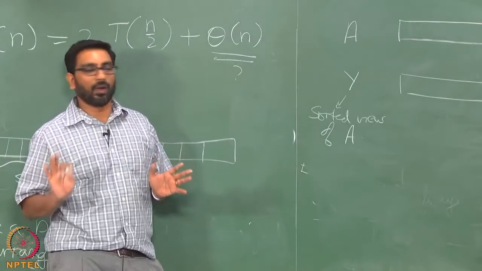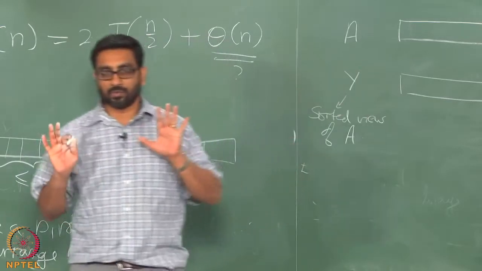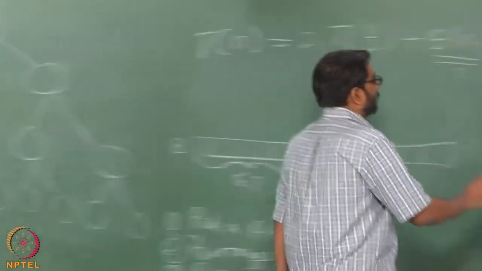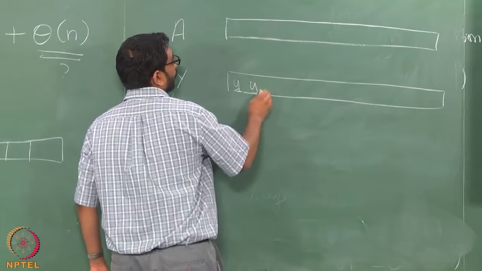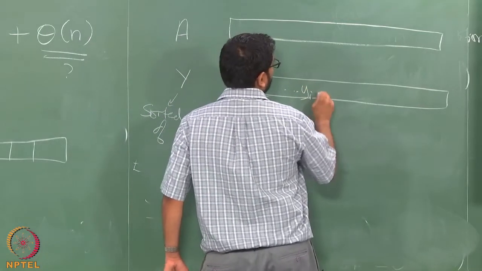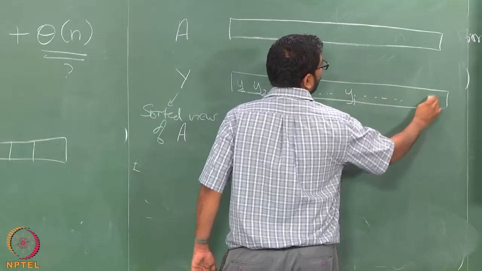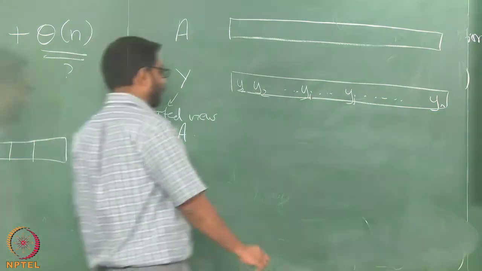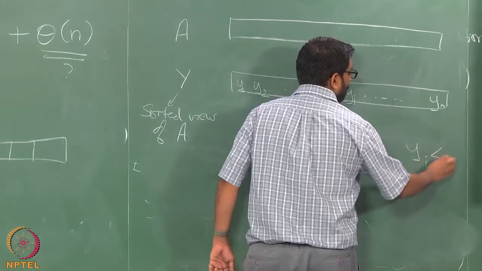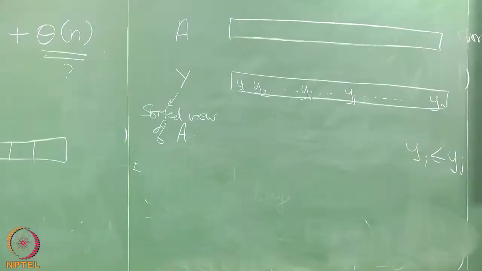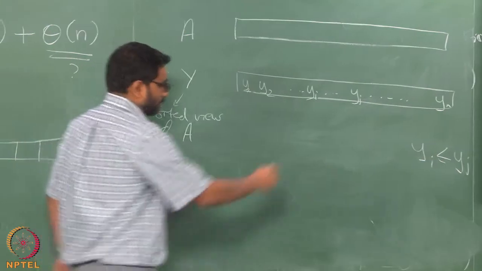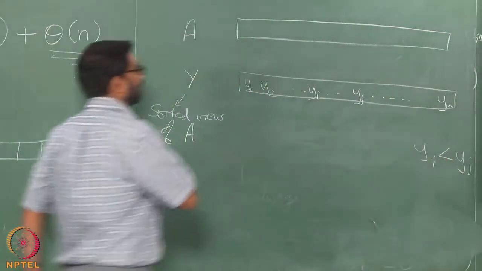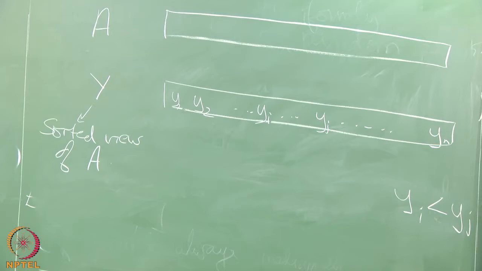You don't know array Y, but we're just doing analysis, so for the purpose of analysis, we're going to look at array Y. So Y comprises Y1, Y2, ..., Yi, ..., Yj, ..., Yn, and these are all sorted. So we know therefore Yi is less than or equal to Yj. Let's assume that they're all distinct elements, so Yi must be strictly less than Yj.